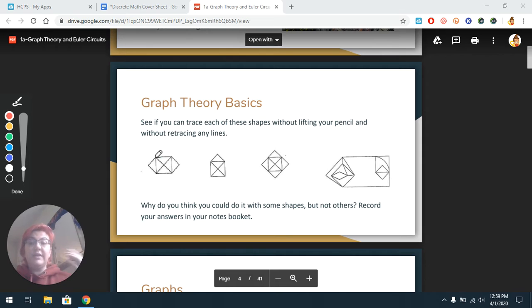So try the other 3. See if you can do them. If you can, awesome. If you can't, think about why not. Why is it possible with some shapes and not others? And we'll learn more about that later in this unit. But for now, I am done drawing, thank you.